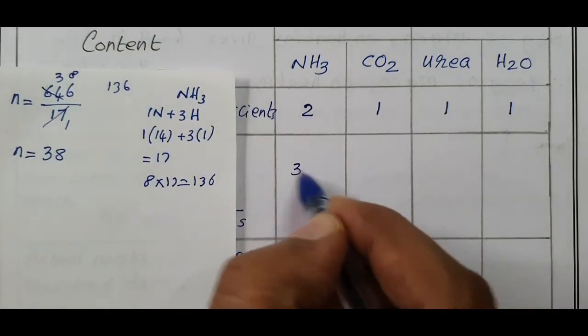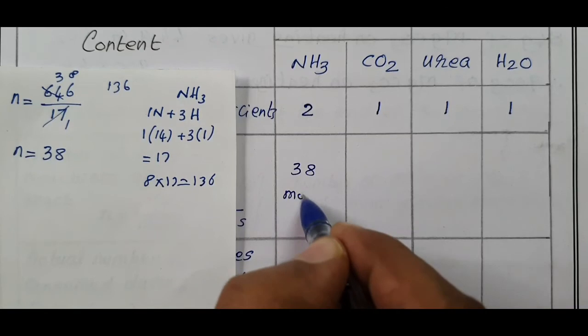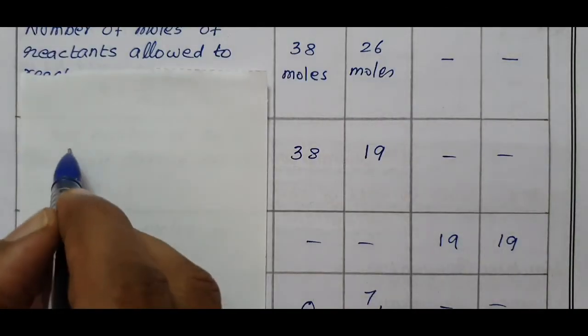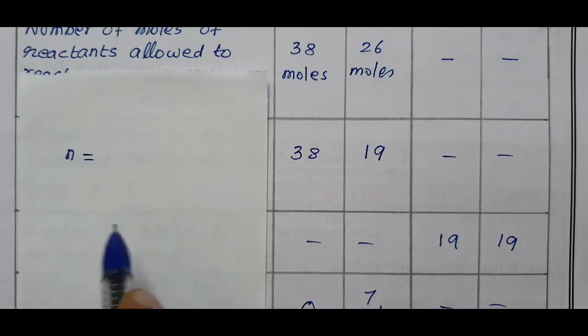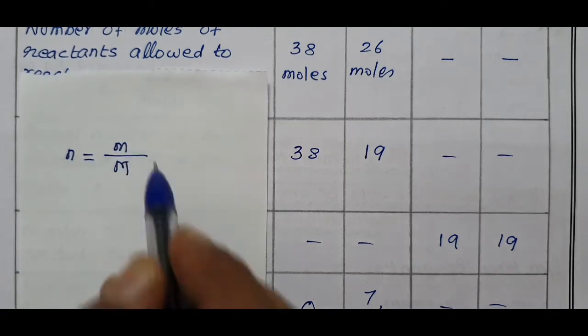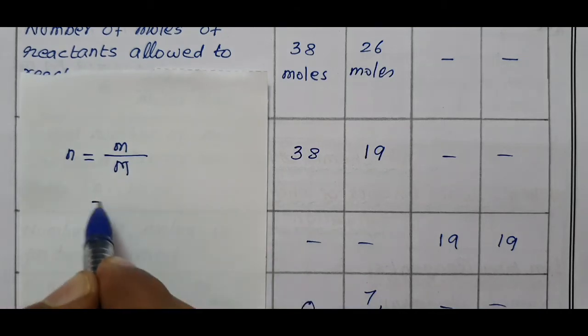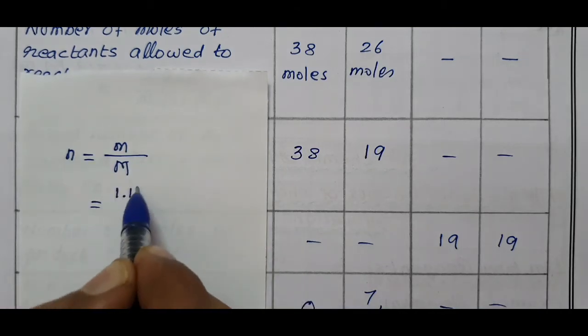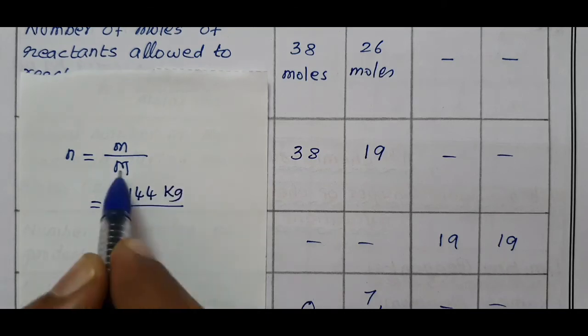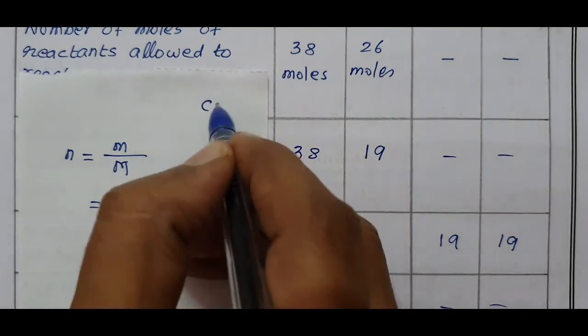This is 38 moles of ammonia undergoing reaction. When we calculate the number of moles of carbon dioxide, mass by molar mass is the formula. Mass is given, 1.144, in kilogram. We know the molecular mass of carbon dioxide CO2.